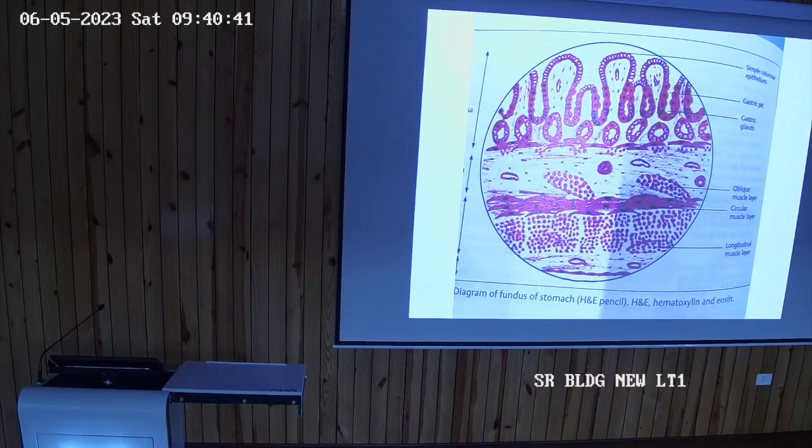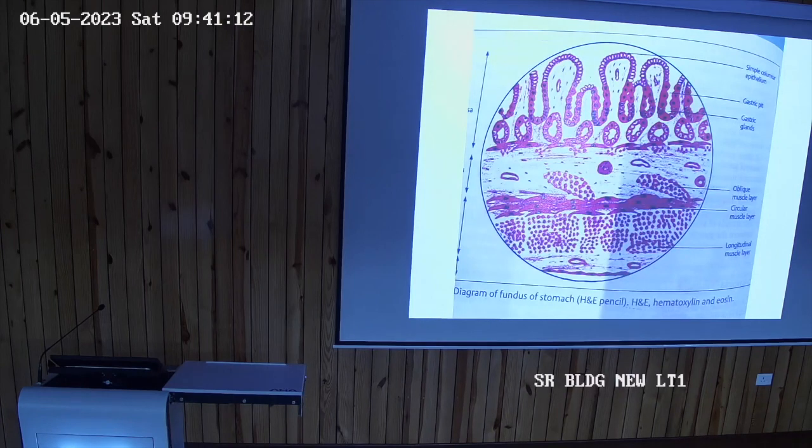This simple columnar epithelium is showing invagination. Look, this is evagination, and this going inwards is invagination. The epithelium which goes down, invaginates, is called gastric pits. So these are the gastric pits, and these projections are called rugae.